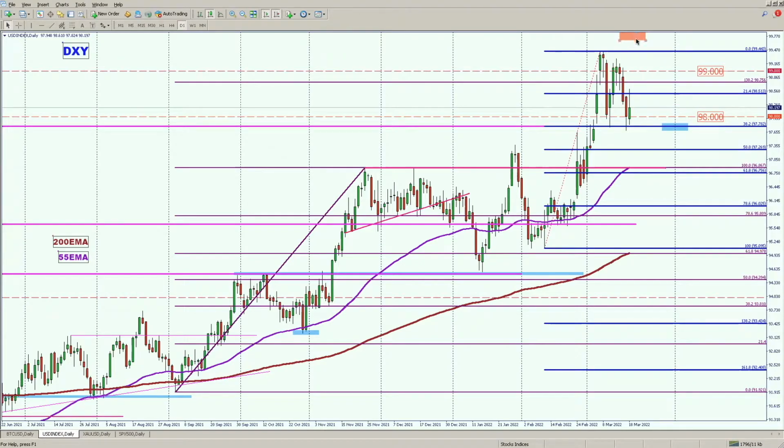We can move this resistance zone down lower here to this swing high. And that's the high at 99.44. So it could be settling into a consolidation range between 98 and 99, and see how long that zone will hold.